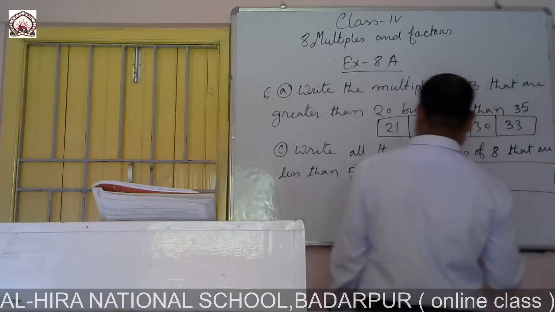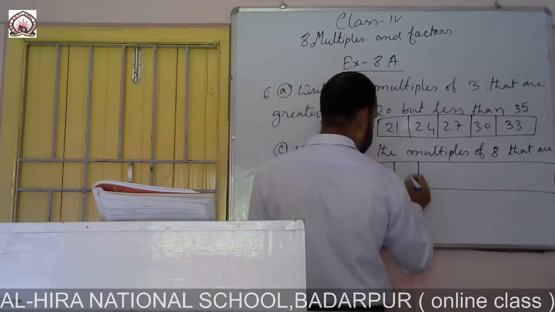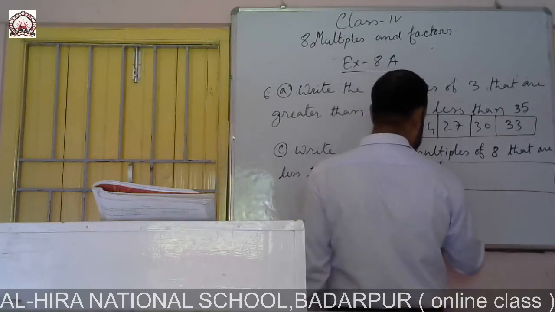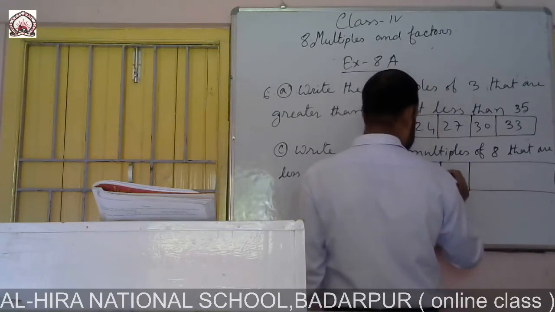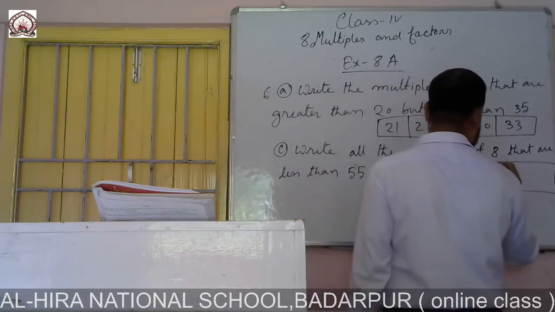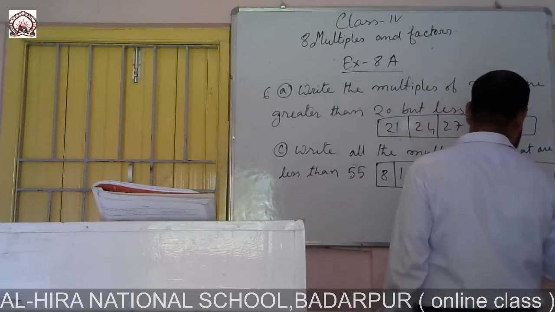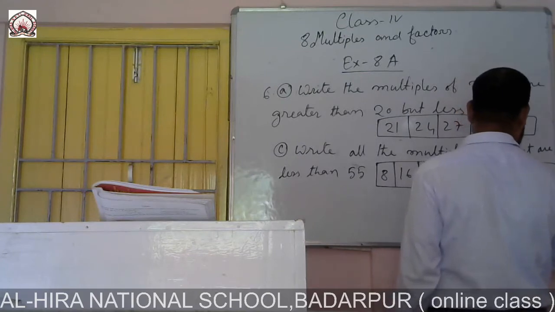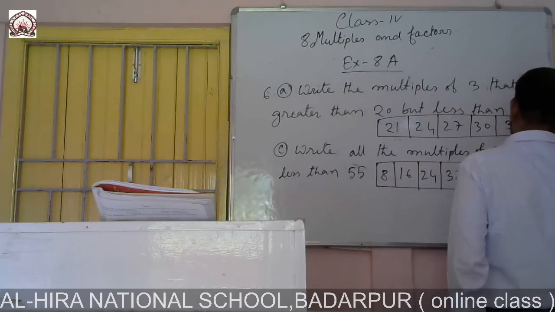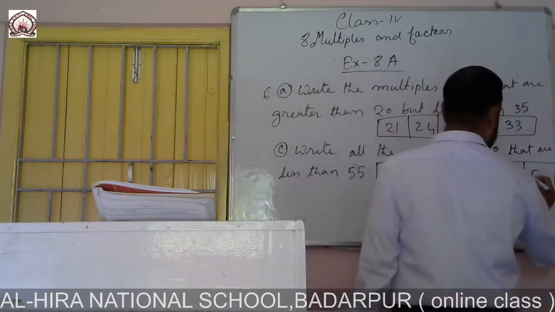Table number 8. 8 1s are 8, 8 2s are 16, 8 3s are 24, 8 4s are 32, 8 5s are 40, 8 6s are 48 and 8 7s are 56.